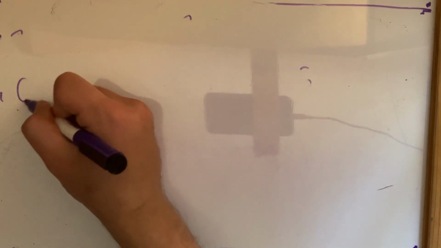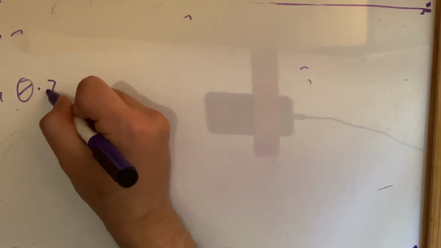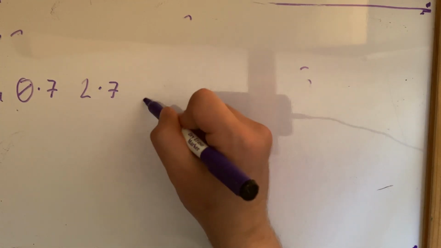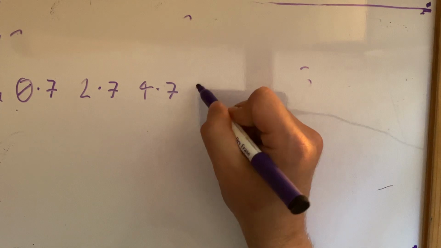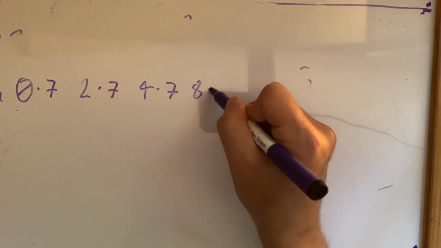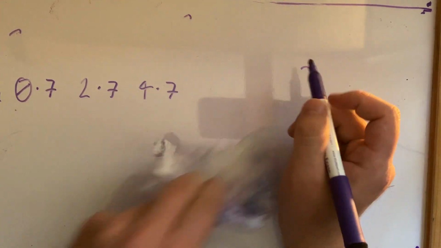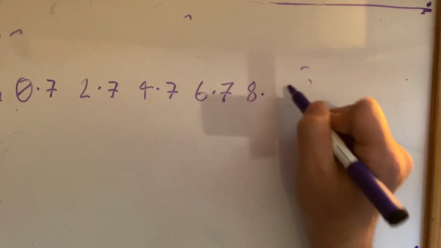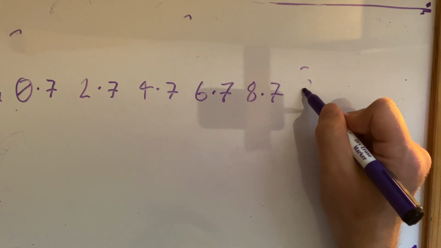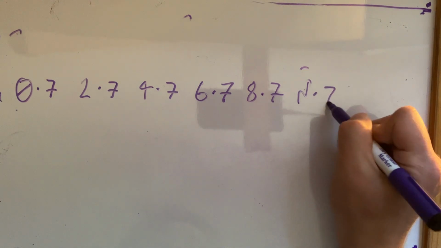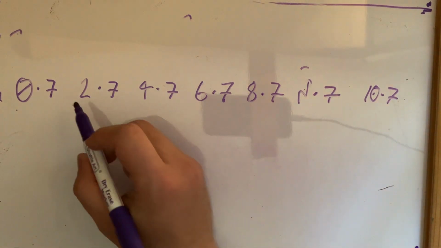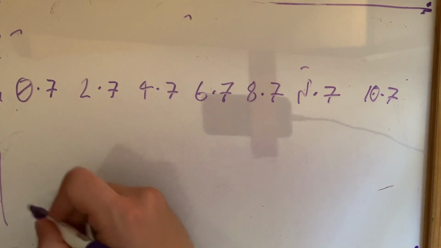So let's do this. 0 times 7, 2 times 7, 4 times 7, 6 times 7 (I skipped one by accident), 8 times 7, 10 times 7, and we'll do 12 times 7, even though the pattern kind of breaks there at that point.